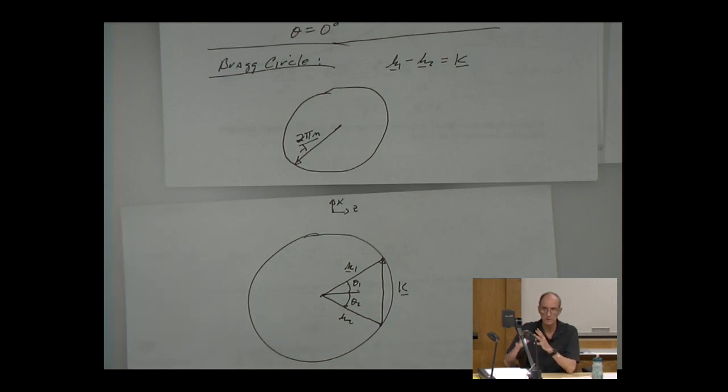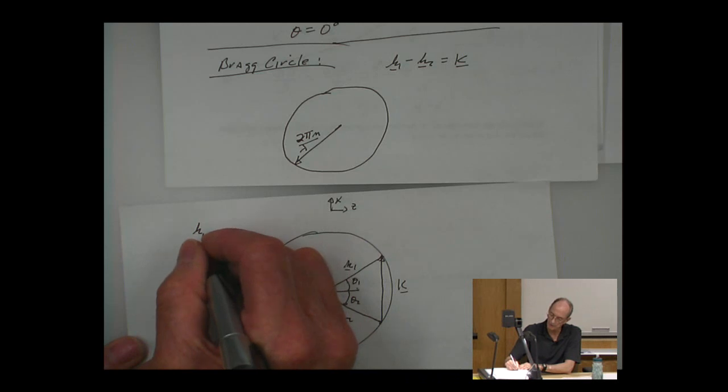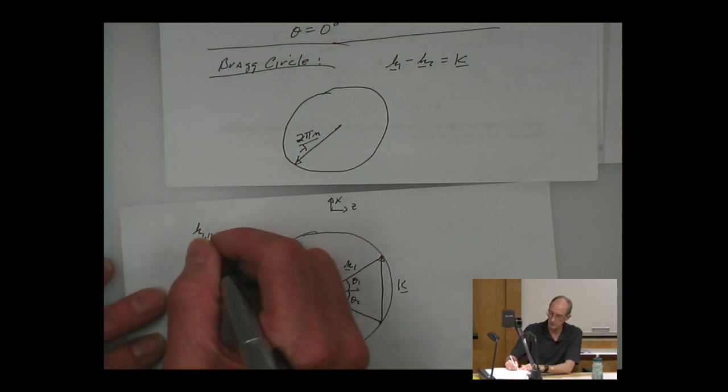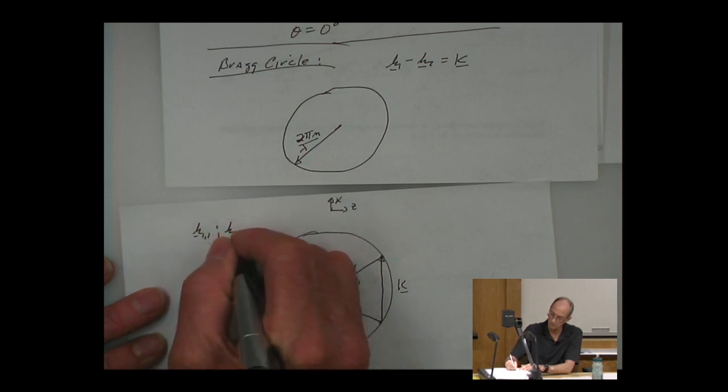Okay, so another nice way of visualizing this grating property on a Bragg circle is this: what if we make the hologram at one wavelength and want to reconstruct it at another wavelength with very high diffraction efficiency? Well, remember, we have K1, and if we're using two wavelengths, we'll have K11 and K12.